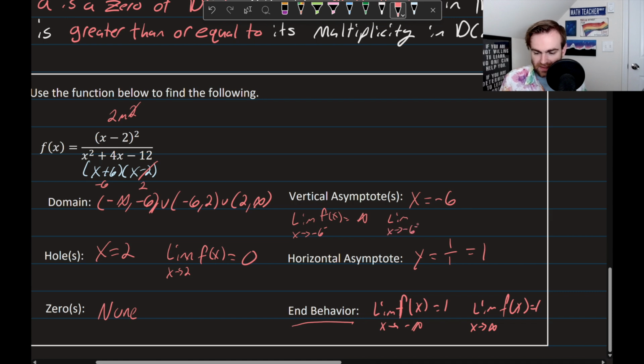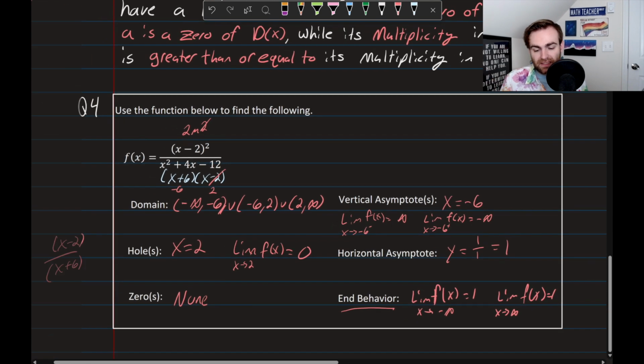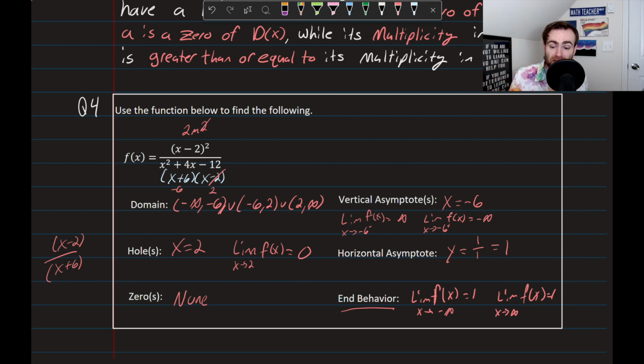And how I do that is I test a value, again, really close to that side, and see what happens there. I do it numerically most of the time. But again, unless it specifically asks you for the limit notation of the hole, limit notation of the vertical asymptotes, you don't have to put those. But end behavior, if it uses the words end behavior, it is expecting limit notation.